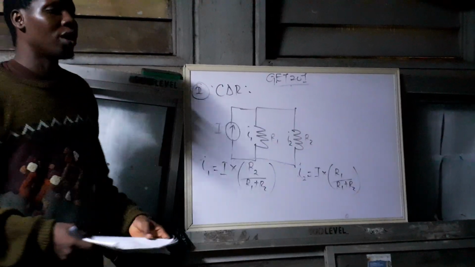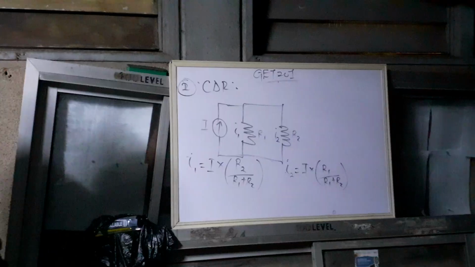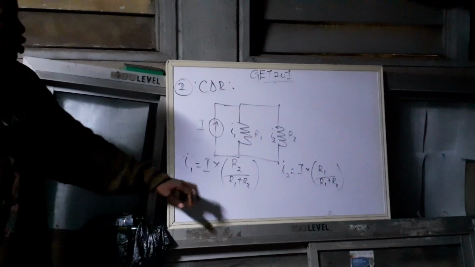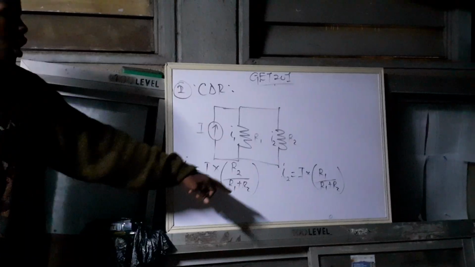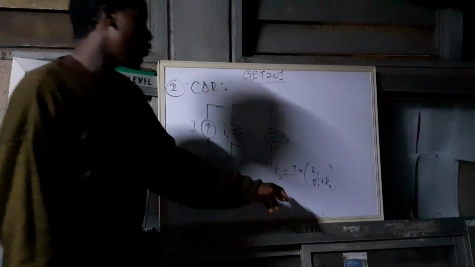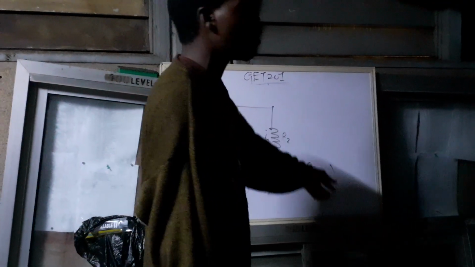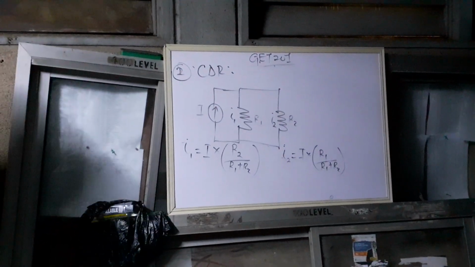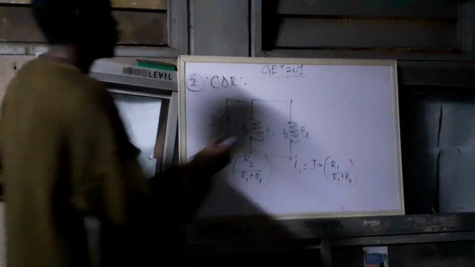So that's the current divider rule. When you are looking for I1, you have R2 over R1 plus R2. When you are looking for I2, you have R1 over R1 plus R2.